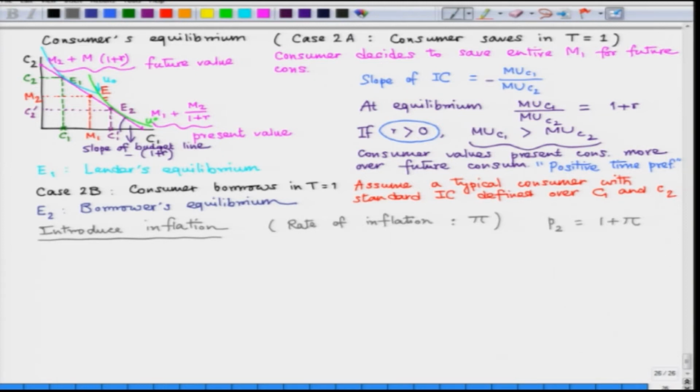So, now let us go back to the case where the consumer is allowed to borrow and lend.